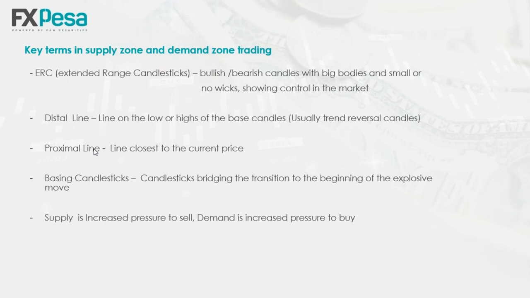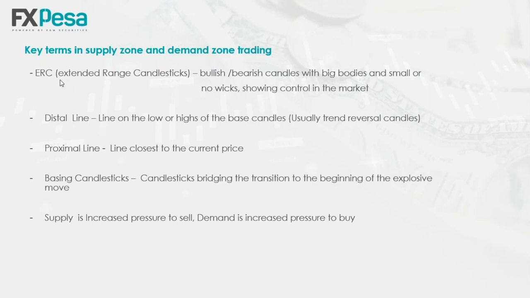So basically, before the market has formed these candlesticks, which you are calling extended range candlesticks, the candlesticks that come before extended range candlesticks, they are usually 2 or 3. So the candlestick with the lowest level in terms of body formation, you'd base your proximal line along that level. So the candlestick with the lowest body, that is where you'd place your proximal line along supply zone.